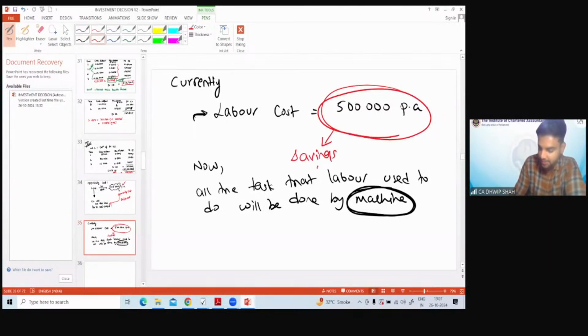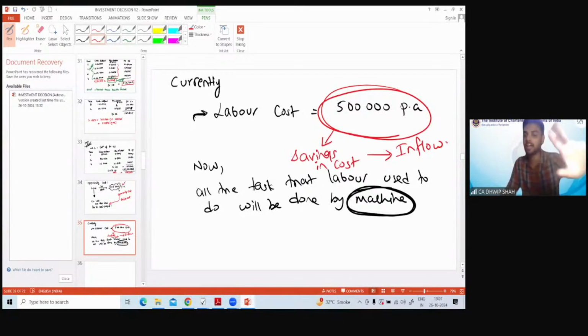So savings in cost is an inflow as far as investment decision is concerned. ठीक है, जैसे opportunity cost is an outflow, even though actually it is not an outflow. आपके 1 लाख जाने नहीं वाले, but it is an opportunity lost in earning, so it is an outflow. So likewise, savings in cost is an inflow to the company. ठीक है? So by buying a machine, I'm able to save certain cost in the form of labor. So it is an inflow to the company.